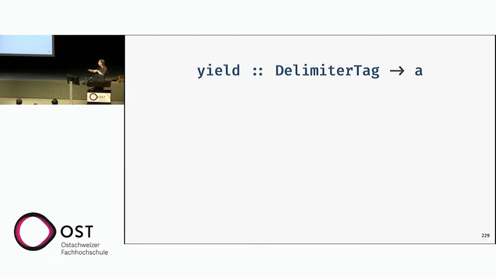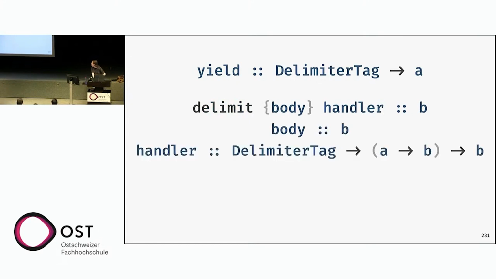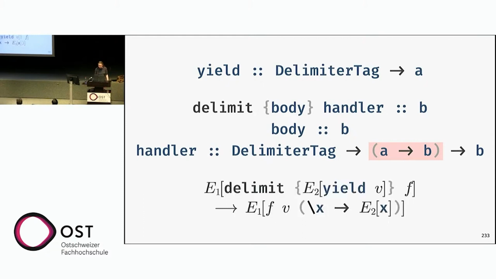So we can say that yield has, instead of an exception, we'll throw a delimiter tag, and you can imagine it working quite the same way. Delimit, again, just returns some type B, and these are now the obvious types for the different components. So this is obviously the captured continuation, where it accepts a value to plug in for yield, because yield returns an A. So if we look at the reduction rule, this corresponds to that.